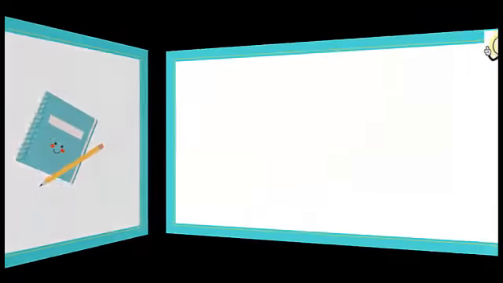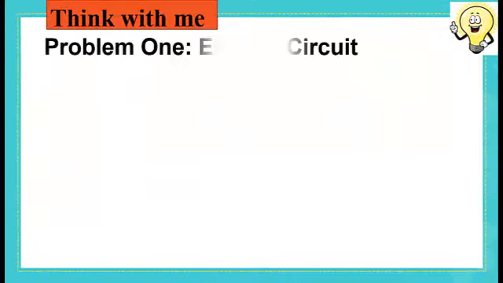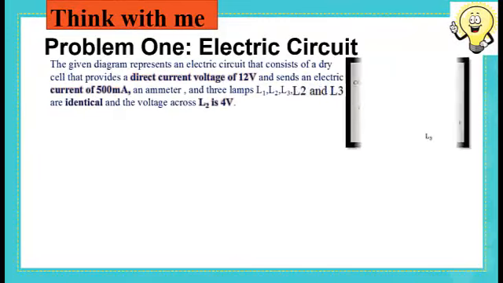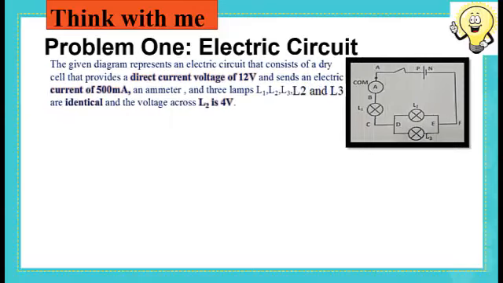Let's start with the first problem. First of all, the given and the adjacent document. The given diagram represents an electric circuit that consists of a dry cell that provides a direct current voltage of 12 volts. Do you remember the acronym for this direct current voltage?